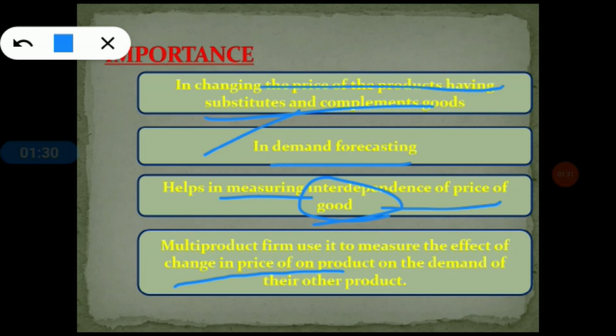The first one is a substitute good and the second one is a complement good, and a multi-product firm uses two or more types of product. So that's why they use cross price elasticity of demand to measure the effect of the change in price of one product on the quantity demanded of the other product also.